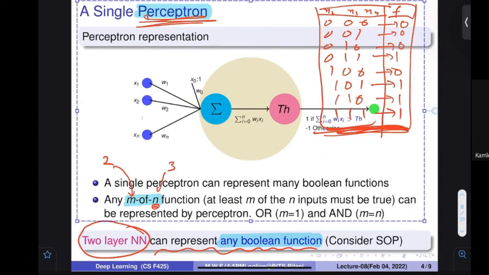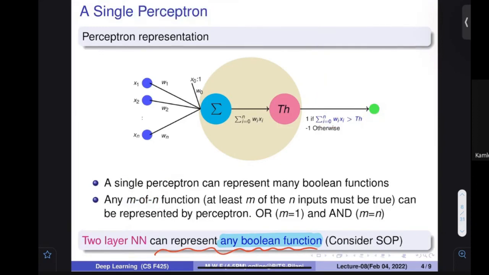If I give you any function, for example x1, x2 bar, any kind of function I can write that gives 0 and 1 as an output, you may consider it in SOP form or POS form, and then you can combine, and only 2 layers of neural network are sufficient to represent any kind of Boolean function. Only 2 layers of the perceptron are sufficient to represent that thing.